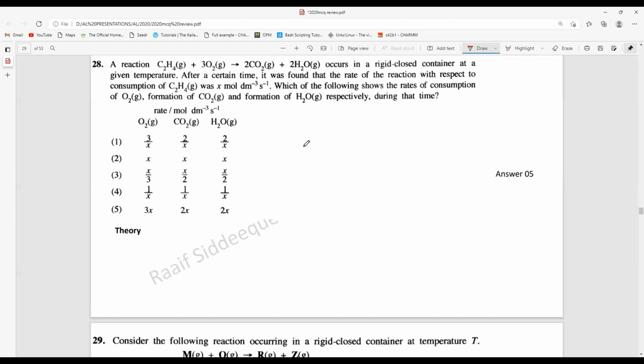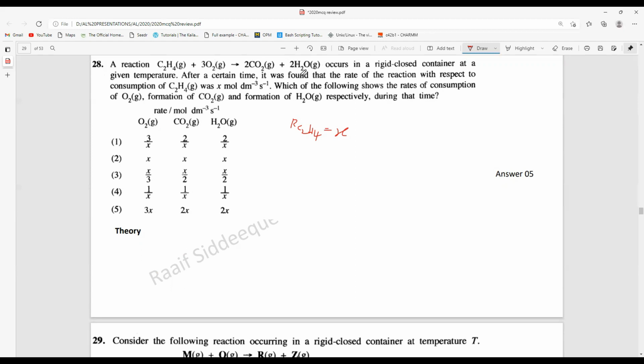After a certain time, it was found that the rate of the reaction with respect to the consumption of C2H4 was X. So the rate with respect to C2H4 is equal to X. Which of the following shows the rates of consumption of O2, CO2 and H2O?